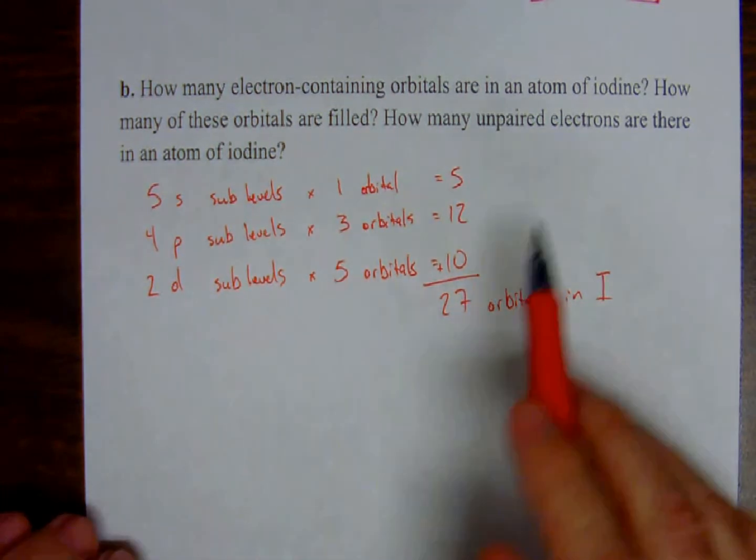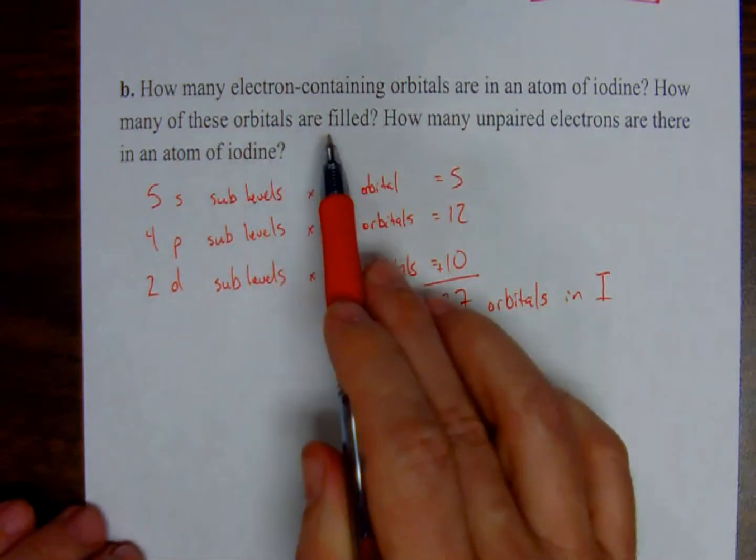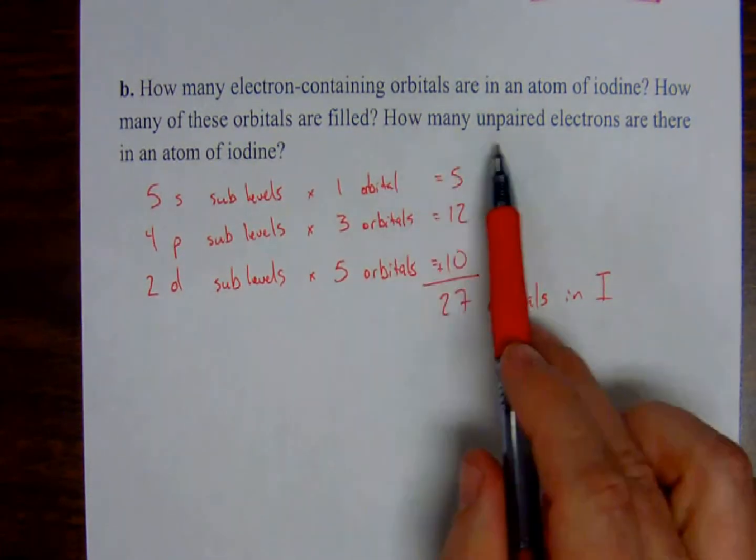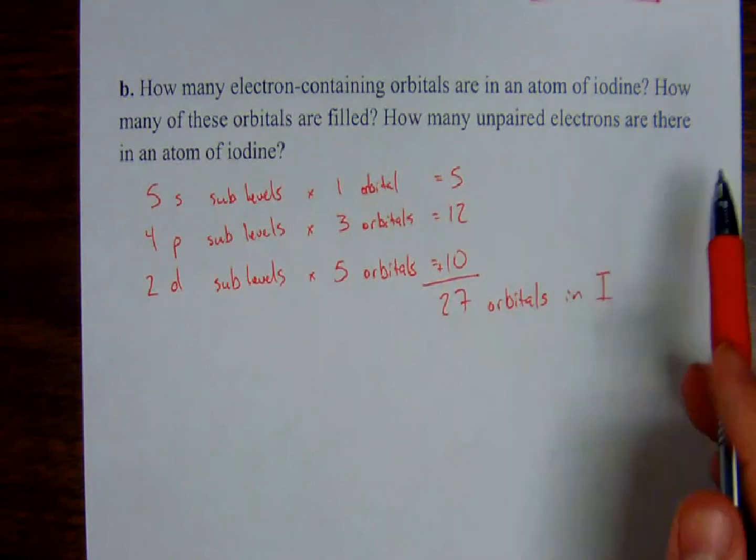Every other orbital is doubly filled, but not this last 5p orbital. So there's 1 orbital that's not doubly filled. So 26 orbitals are filled.